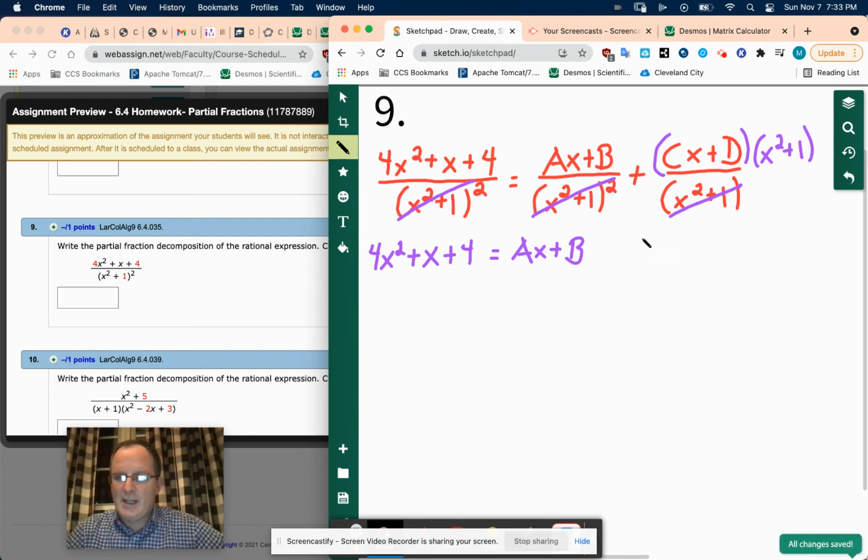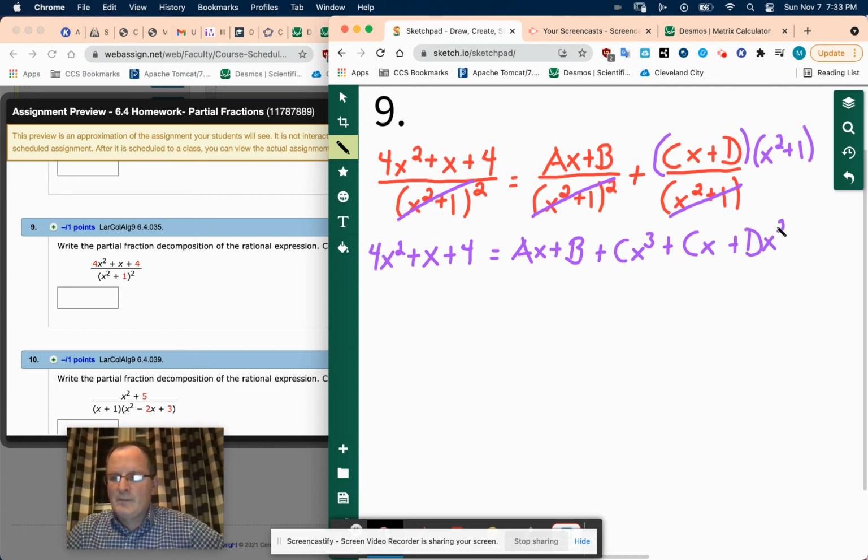That'll be a cx cubed. Outside is going to be a cx. Inside will be a dx squared. And the last term will be a d.